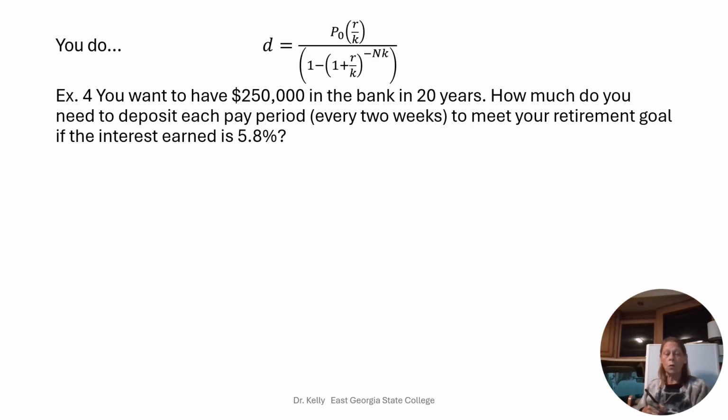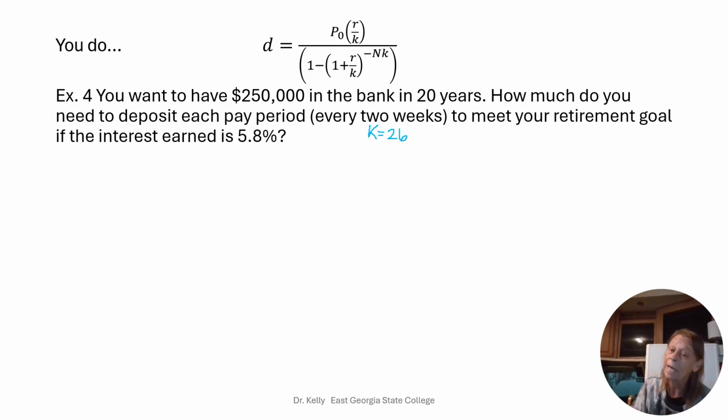Okay, let's throw you a you-do here. It says you want to have $250,000 in the bank in 20 years. How much do you need to deposit each pay period, every 2 weeks? Let me just remind you, because I haven't said that today, in the last lecture I pointed out that most of us get paid every 2 weeks, and every 2 weeks is K equal to 26.